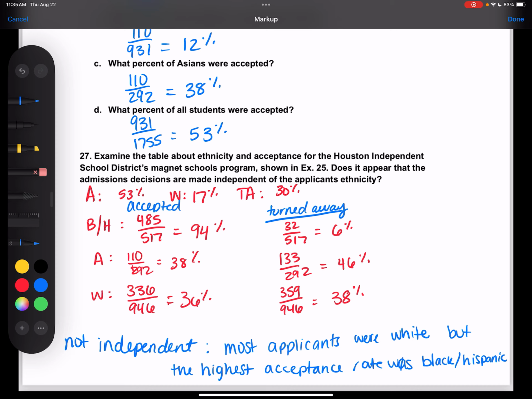No, they would all have to be. Okay. For what they ask us, they said are admissions decisions independent of the applicant's ethnicity. So even if all of us say accepted was 53%, if the turned away wasn't around 30%, then it wouldn't be independent. Yeah.